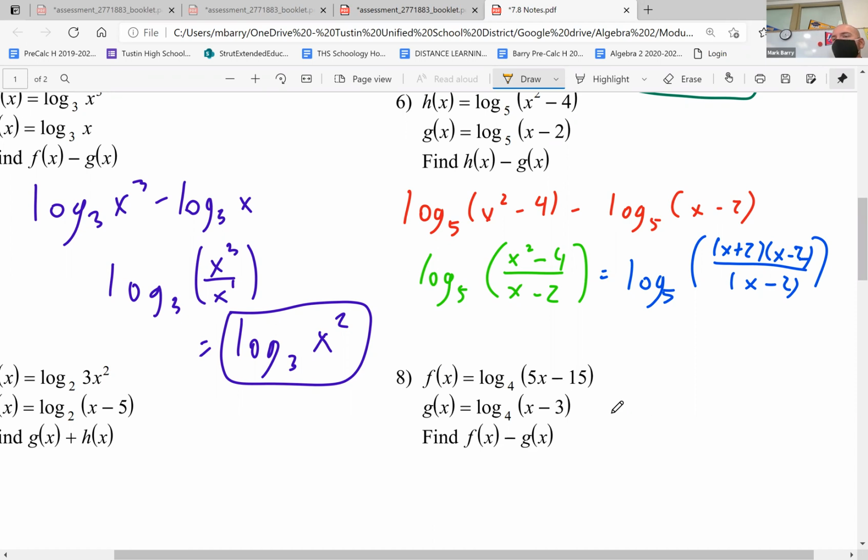All right, so we cancel out the x minus 2. So we're left with log base 5 of x plus 2. There's nothing left on bottom. So there's my final answer there.